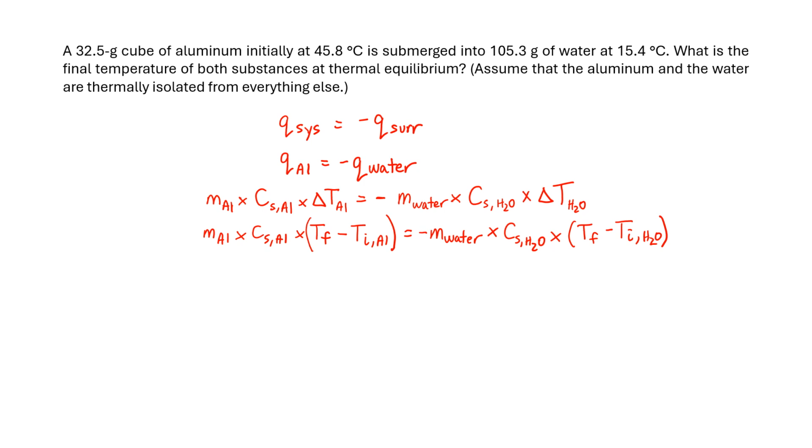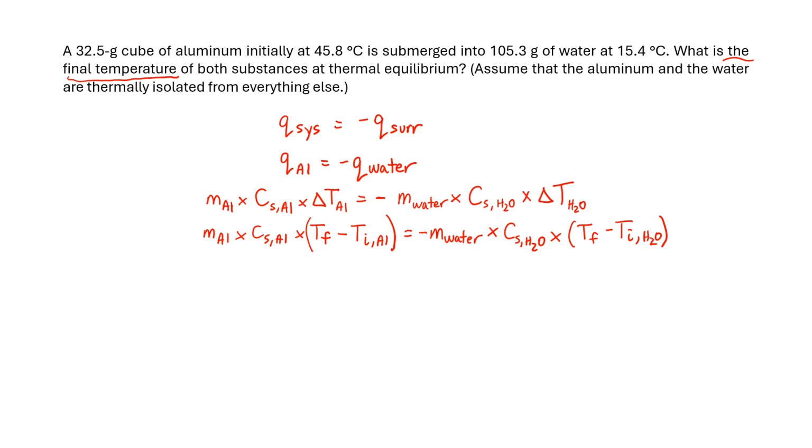And now I can start plugging stuff in, because what does the question want from you? They want the final temperature. Okay. And like I said, both substances are going to have the same final temperature, both the metal and the water.